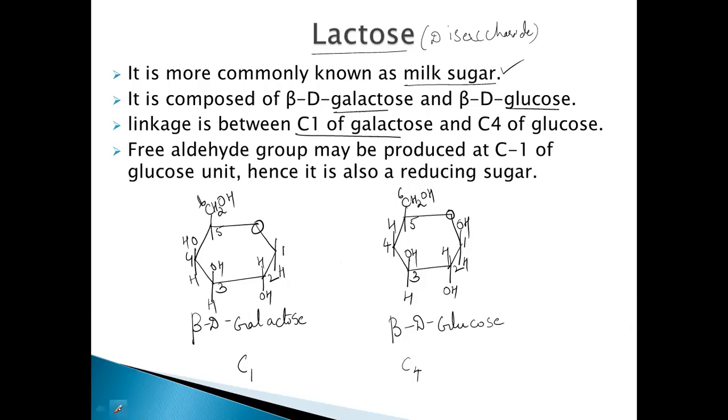This is how it is formed. This is a glycosidic linkage, formed by the joining of beta galactose and beta glucose at C1 of galactose and C4 of glucose. This is the structure of lactose.